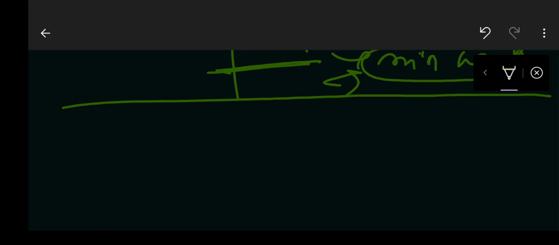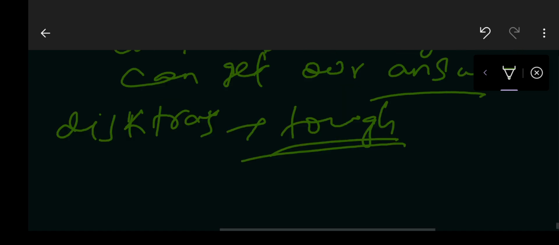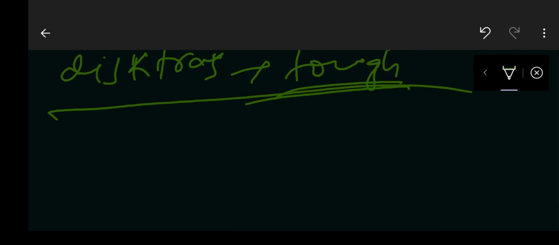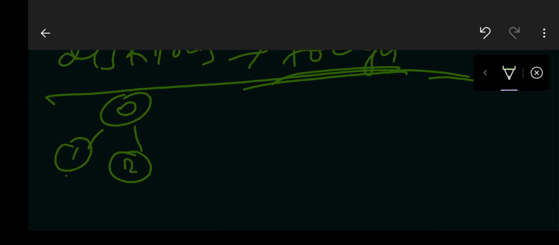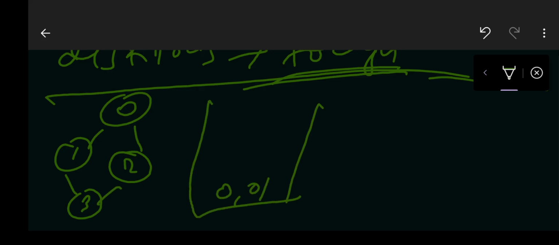Okay, just give me a second. Okay, so now let's do it for this graph with nodes 0, 1, 2, 3. You push 0 comma 0 into the queue.